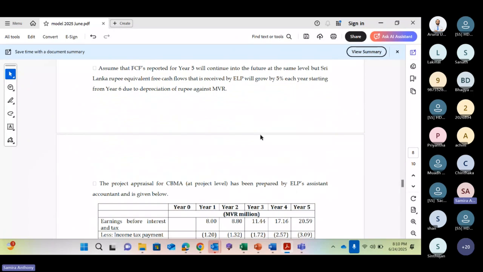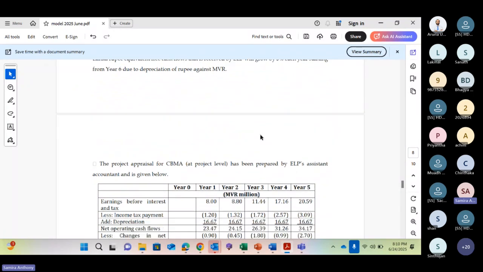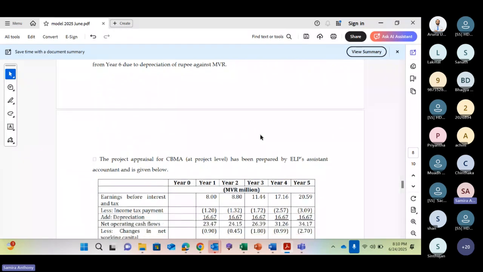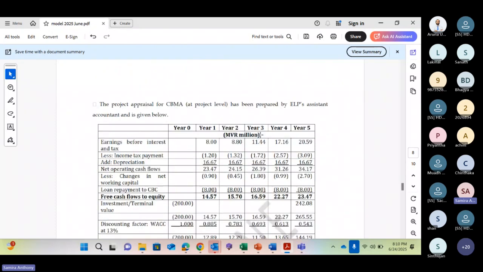The project appraisal of CBMA has been prepared by ELP's assistant accountant and is given below.